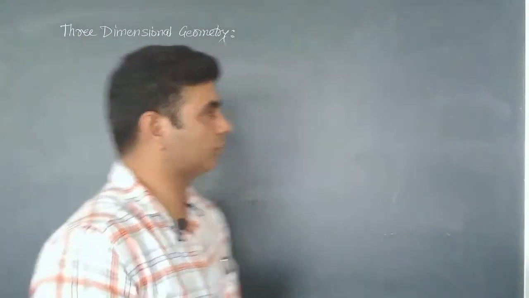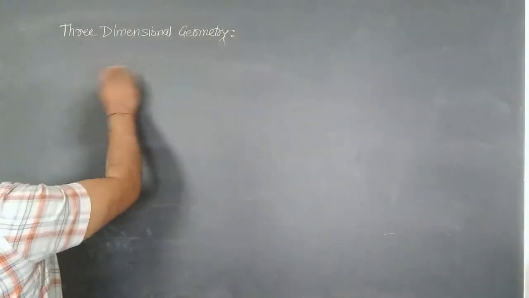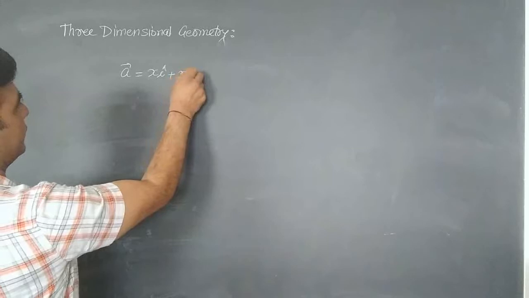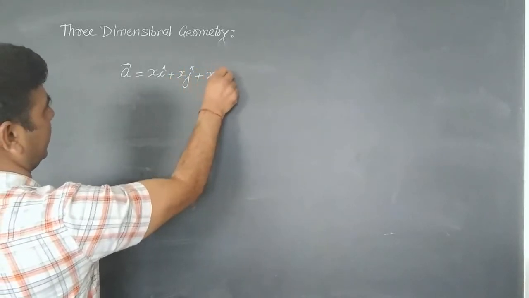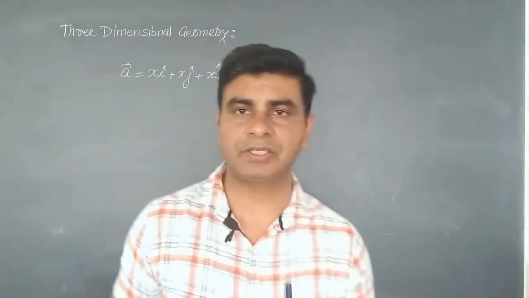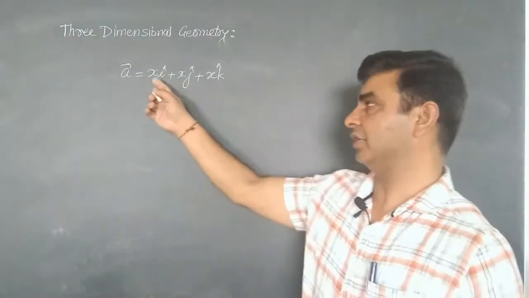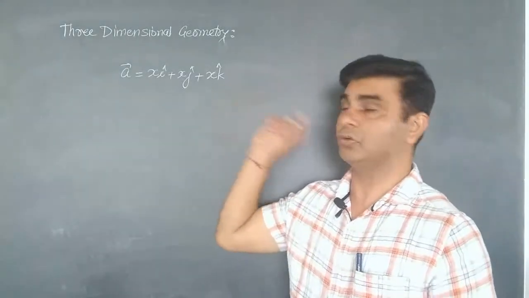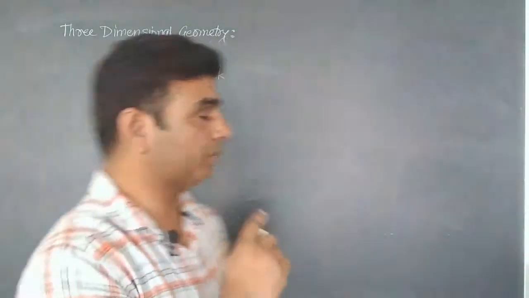So let me take this vector A as x i cap plus x j cap plus x k cap, because this is making the same angle with the x-axis, y-axis, z-axis respectively, which implies that the direction ratios are also equal to each other. And after getting the direction ratios of this vector, we can find the direction cosines by the formula.